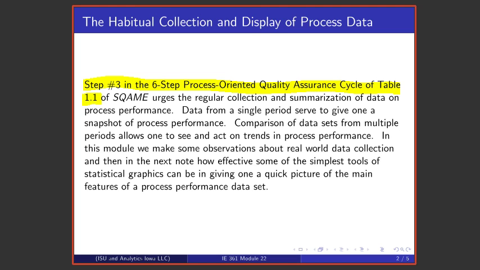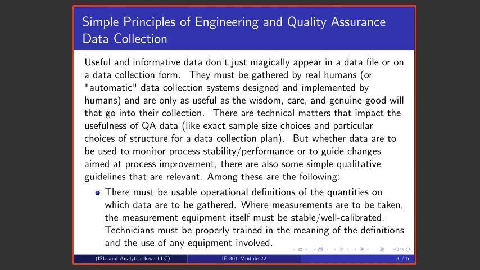They're collected either by humans or by systems that humans build, and if we're going to make use of data, they need to be useful, and how useful they are, there are not only technical issues to consider, but there are qualitative human issues to consider. So here are a few short statements, guidelines about quality assurance and engineering data collection.